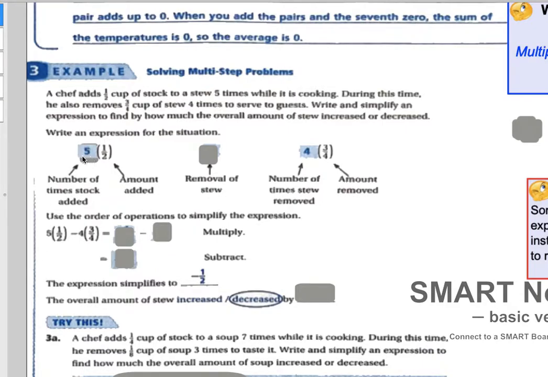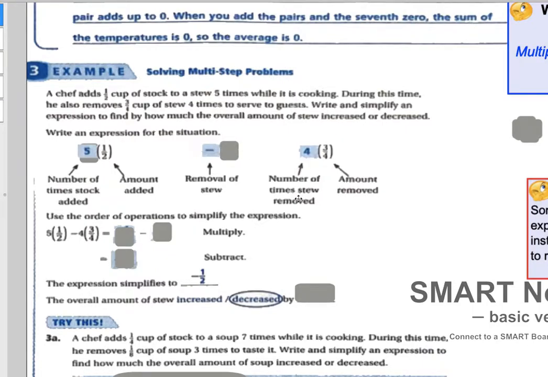So the first thing we think about is that we have the number of times, so that's 5 times. There's that word clue there. And how much are we going to multiply? That's a parenthesized 1/2, because each time he's doing 1/2. So that is a multiplication operation. And then what does removal of stew mean in mathematics? Yeah, of course, it means subtraction.